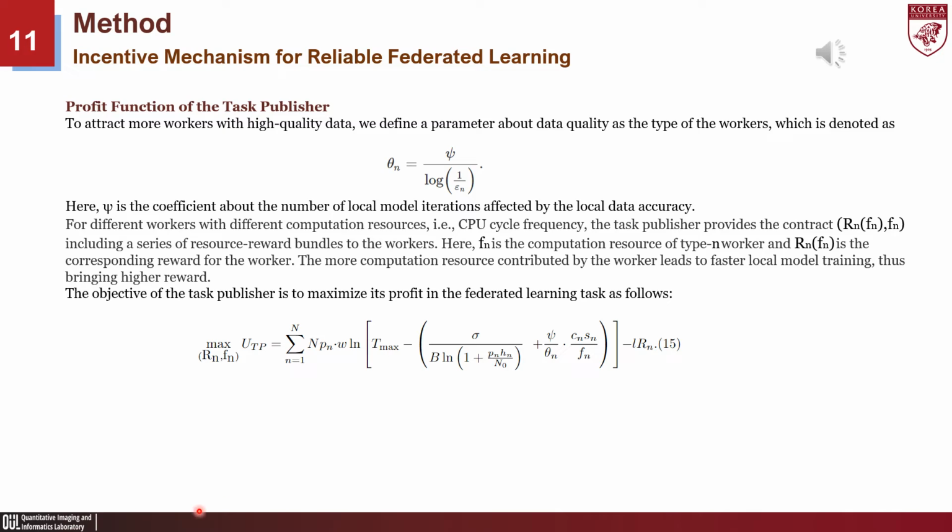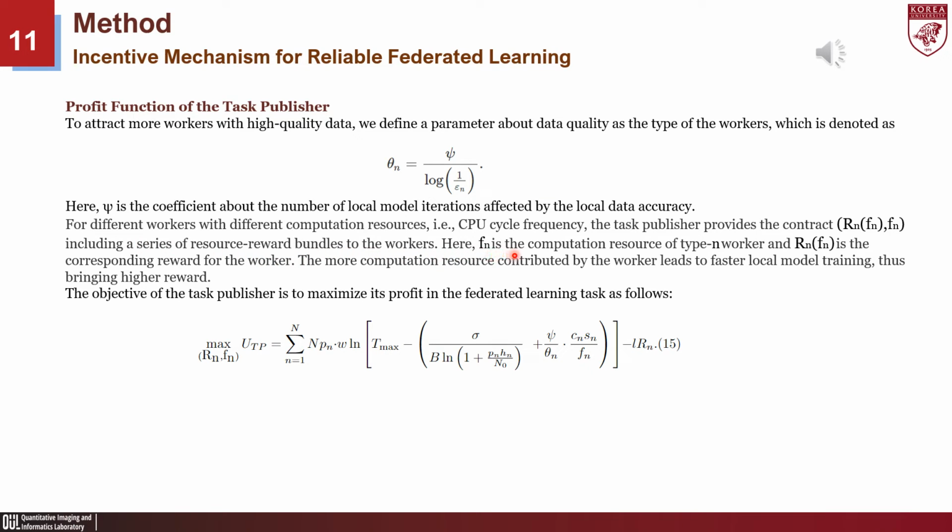To attract more workers with high quality data, we define a parameter about data quality as the type of the workers, denoted θn. Here, psi is a coefficient about the number of local model iterations affected by the local data accuracy. For different workers with different computational resources, for example, CPU cycle frequency, the task publisher provides a contract including a series of resource and reward bundles to the worker.